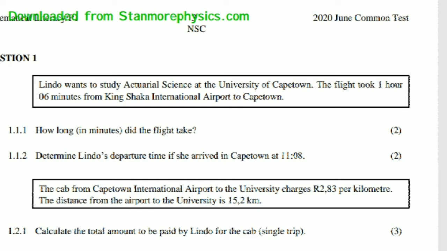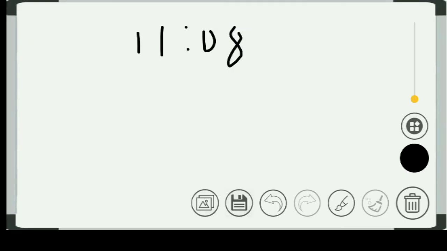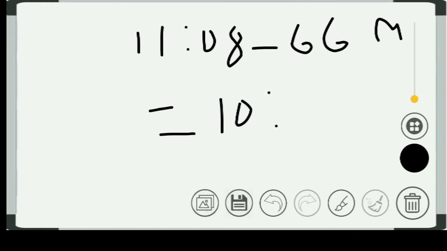So now we are going to say 11:08, because Lindo arrived at 11:08, minus 66 minutes equals 10:02. We are minusing the minutes because we're trying to check when Lindo departed from where she was. So she arrived at 11:08, then started her journey at 2 minutes past 10.